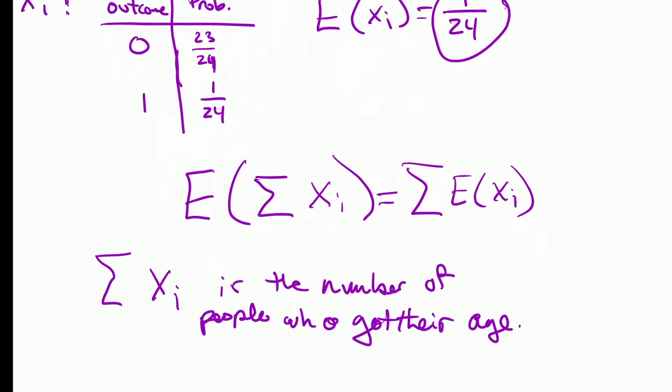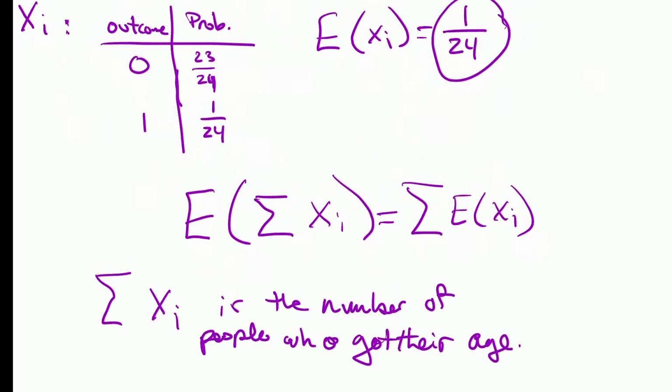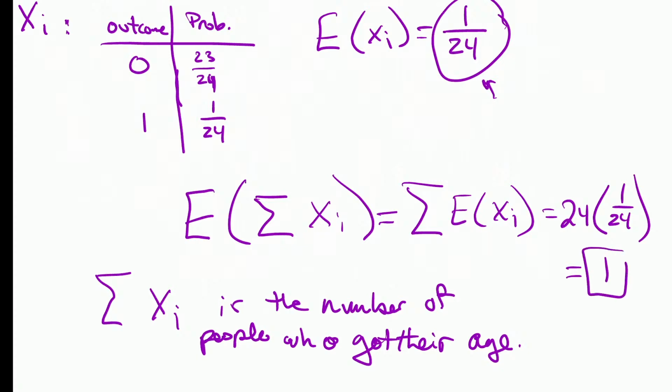So now I'm going to do the expected value of that, which is just the sum of these expected values, and there are 24 of them. Each one of them has this expected value, and so 24 times 1/24 ends up being just 1. This is so interesting to me that if I had 24 cards numbered 1 through 24, it doesn't matter what age everyone is.